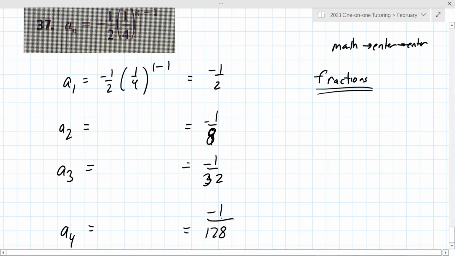Negative 1/128. Yes. Okay. When it's adding and subtracting, it's not that hard to figure out what it is that you're adding and subtracting by. For the division ones, you can take the next term and divide it by the previous term, and that will often tell you what's going on.